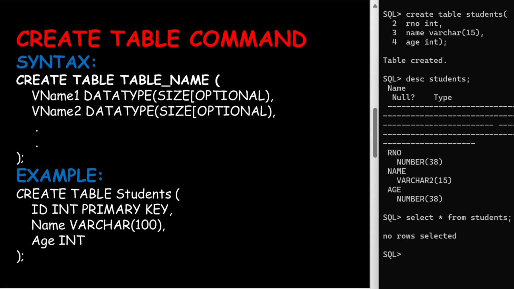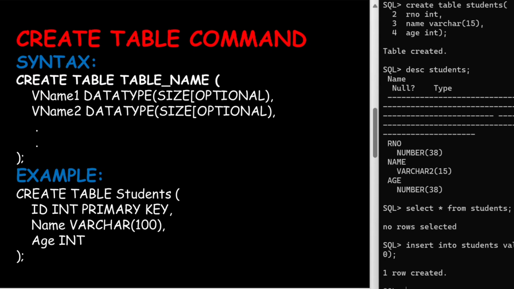Let us display the records with the help of the select command. Since we have not inserted any rows, we get no rows selected. Okay, let us insert some example records into this table. The command is insert into the table name and values followed by the actual values.